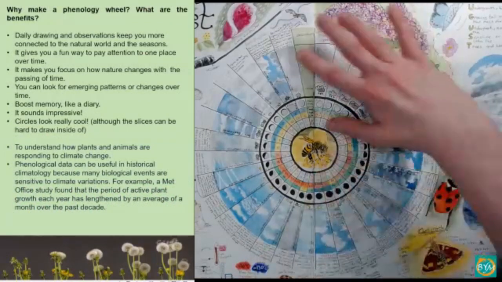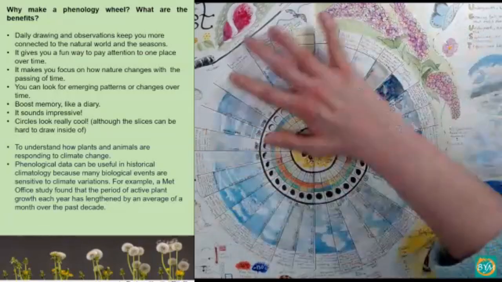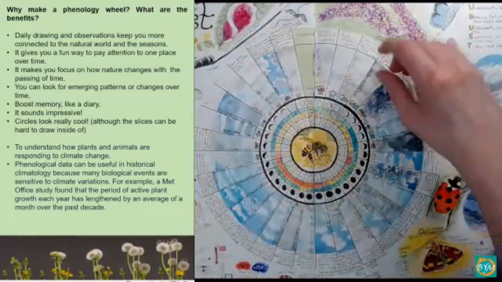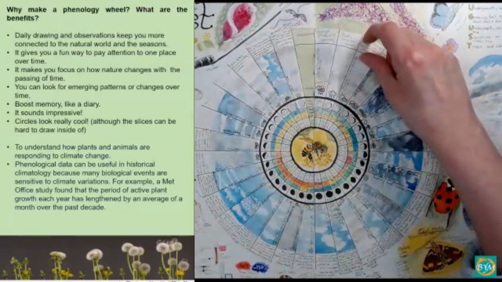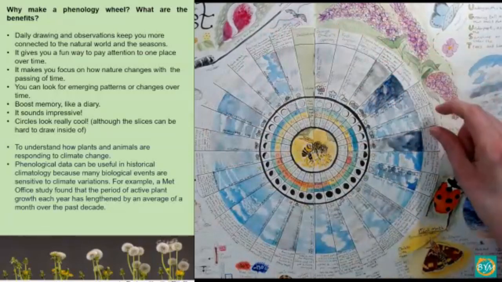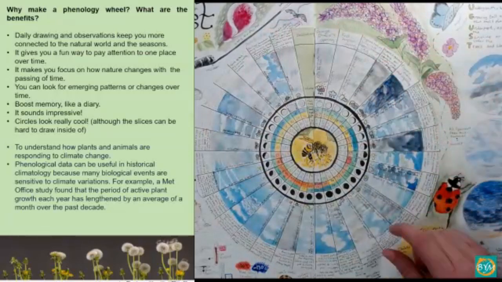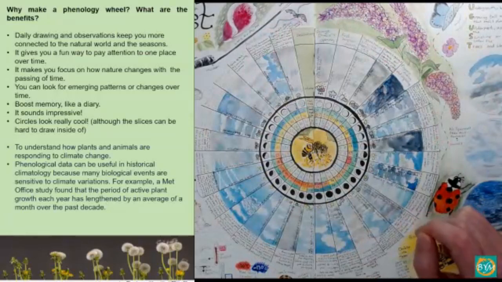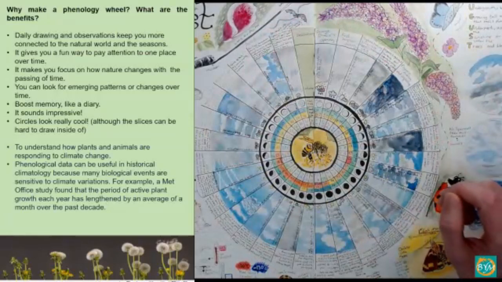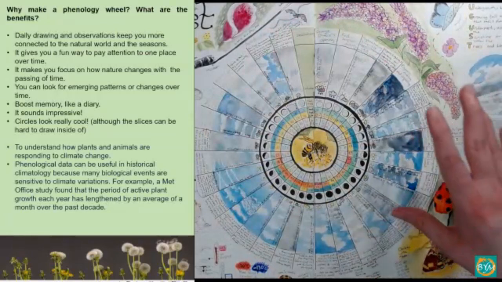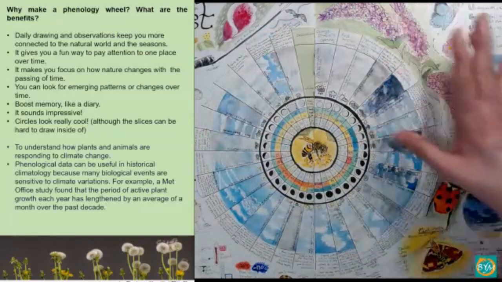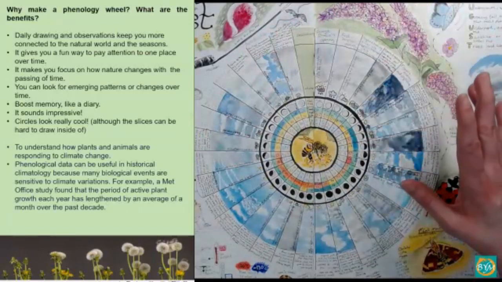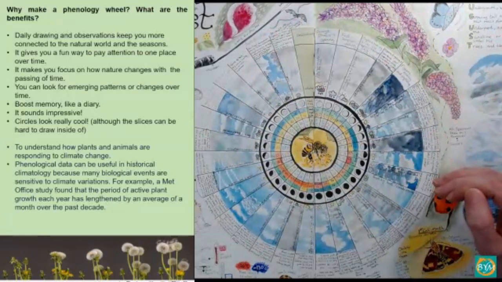So for me, I started off making these wheels so that I could put down a very small little observation of what I was seeing every single day. And it made me look at what was going on. It's made me think, oh, I can see how the seasons change and when things are beginning.